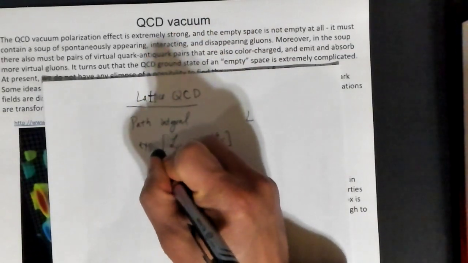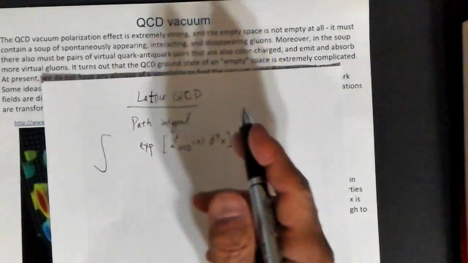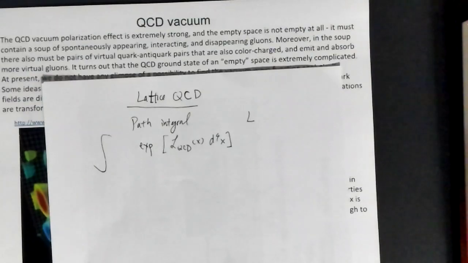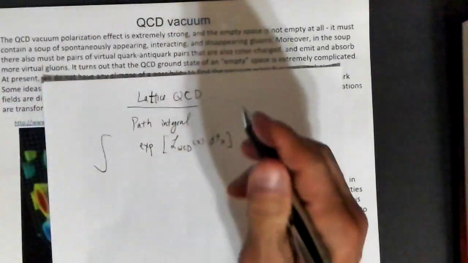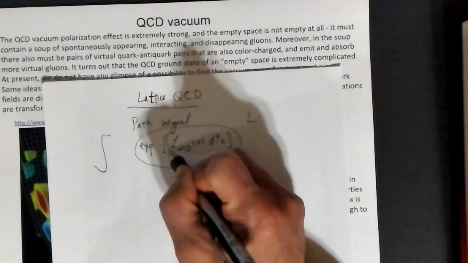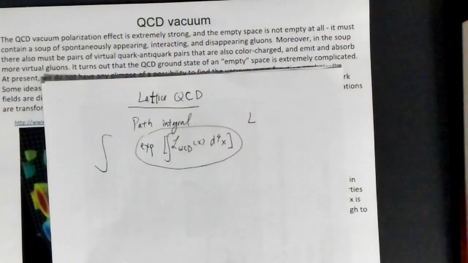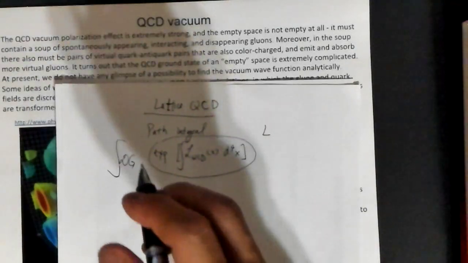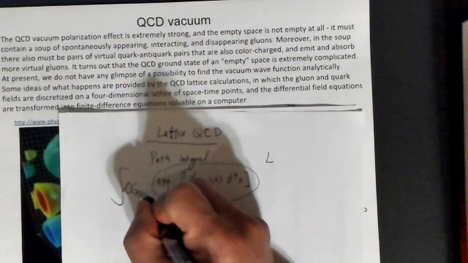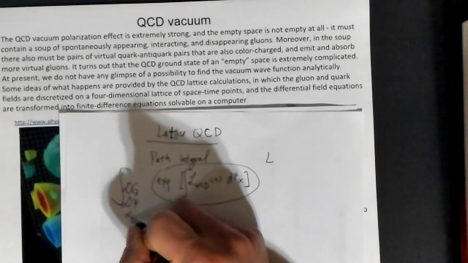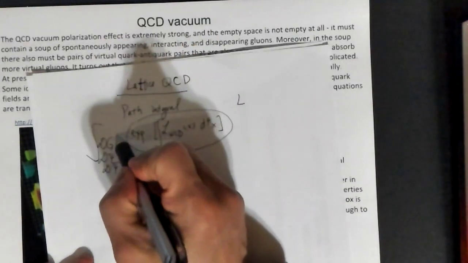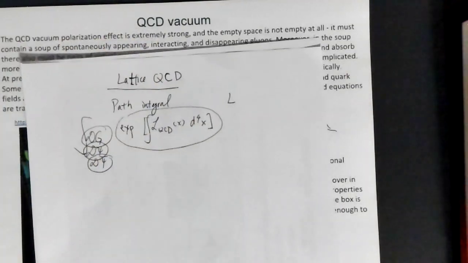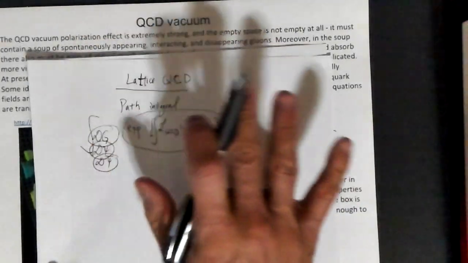We want to figure out the integral over all possible configurations for the quark and the gluon fields of the exponential of the integral of the Lagrangian over all of space and time. I know that sounds really complicated, and it is. You have to do an integral over these gluon fields as well as an integral over the quark fields, like this. This is what's called path integration.